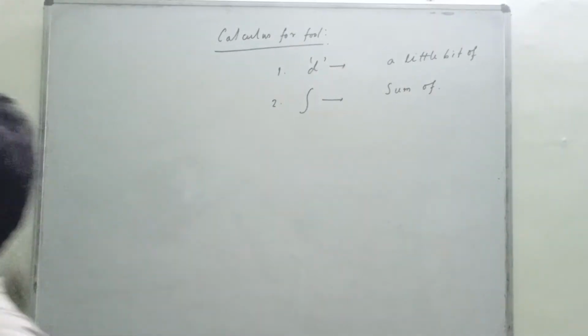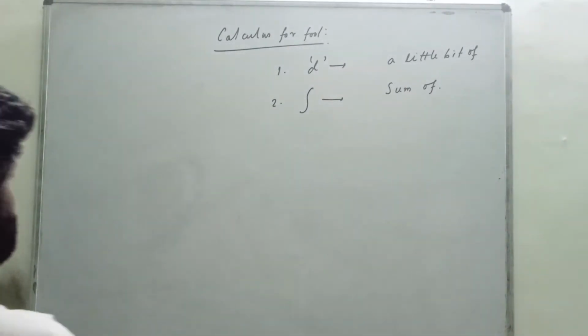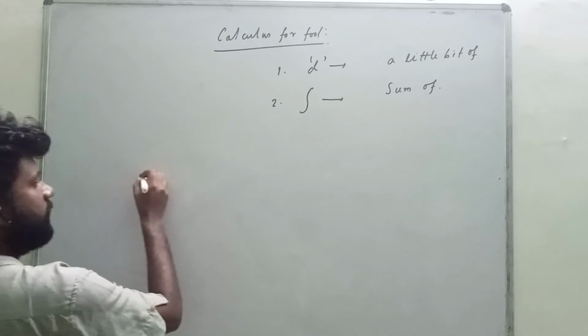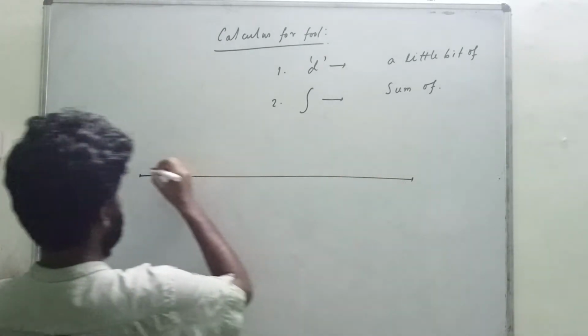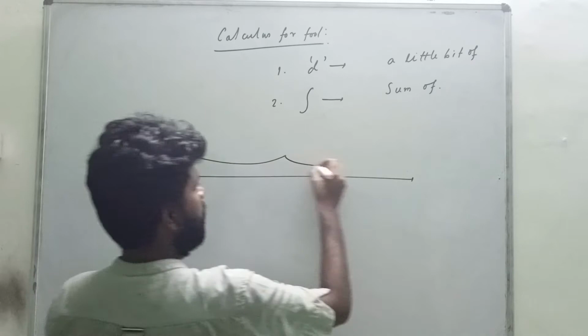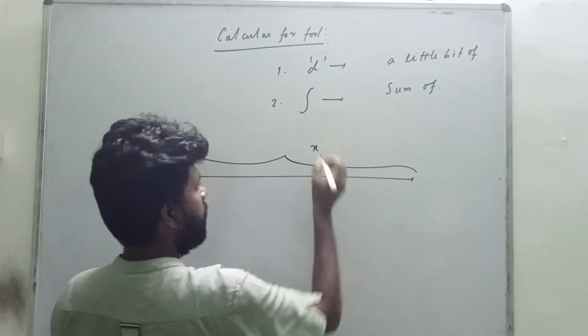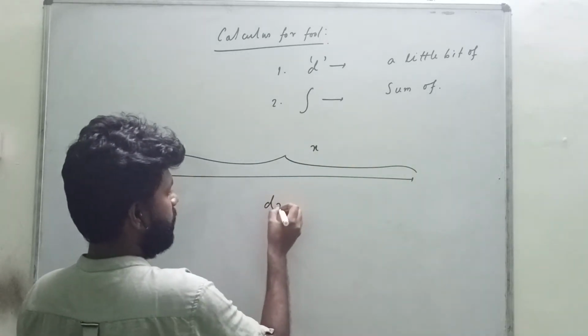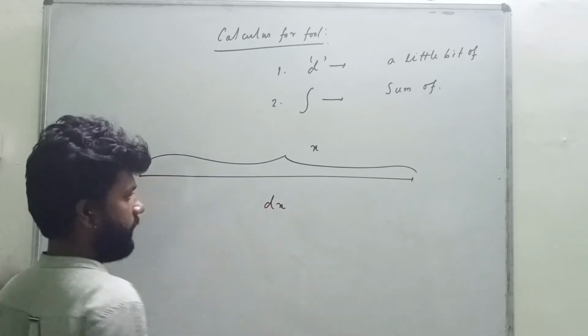As the name suggests, if there is a very big line with a length x, then dx is a little bit of x.